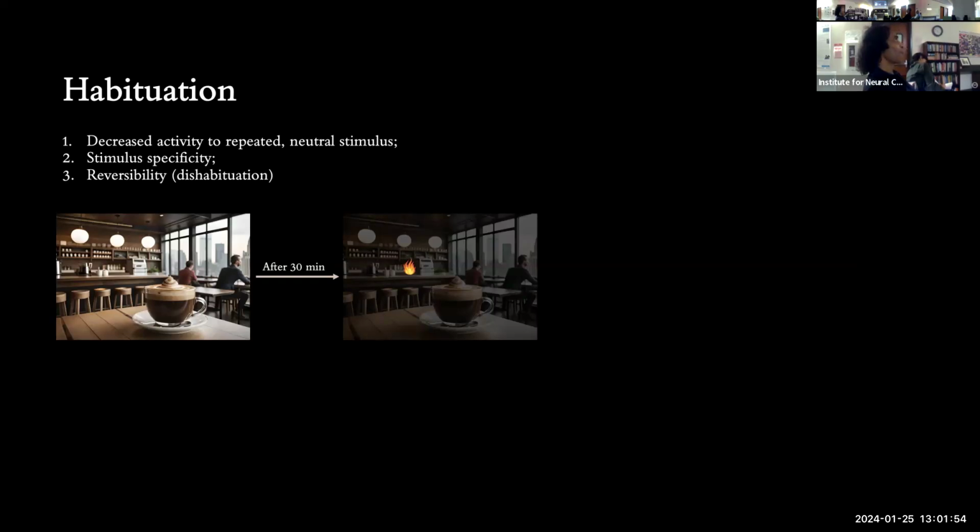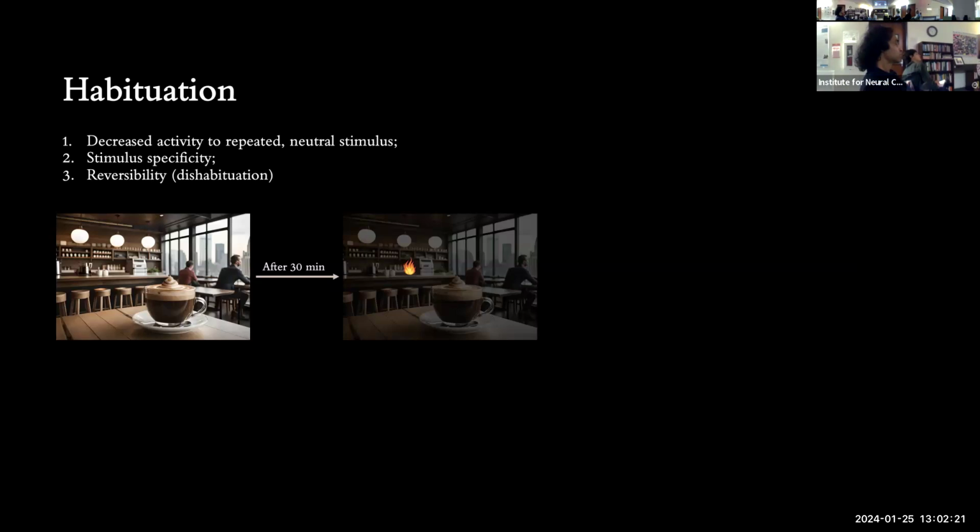Second, this reduction of activity is stimulus specific. You only decrease your sensitivity to the background odor that conveys no useful information at the time. But when a new odor comes up, like the burning odor, you are able to detect it right away. And third, this process is reversible. The next day, when you go to the same coffee shop again, you will smell the coffee.